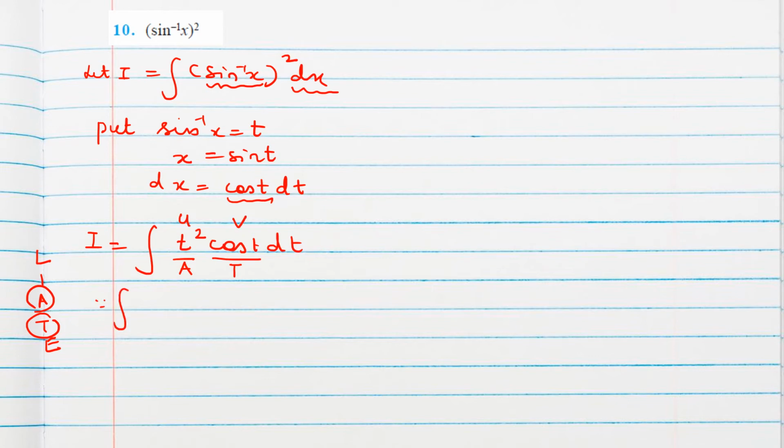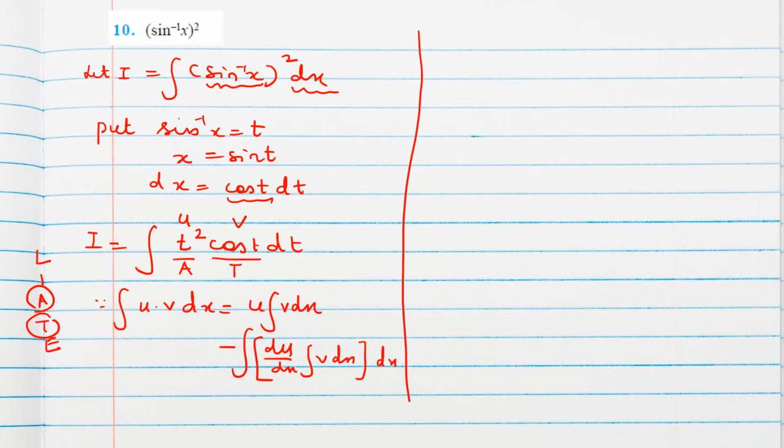Since we know the integral of u into v dx is u integral v dx minus the integral of du by dx times integral v dx, we'll substitute the u and v values in this formula. So u is t square, integral cos t dt, minus the integral of the derivative of t square times integral cos t dt.